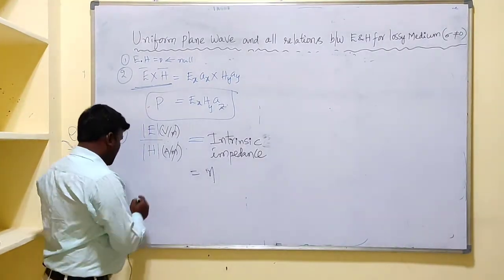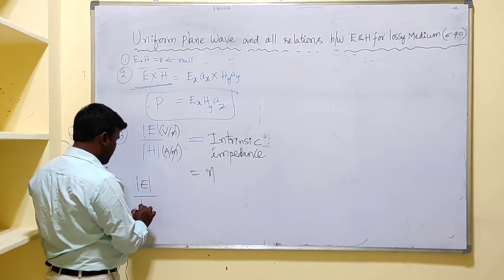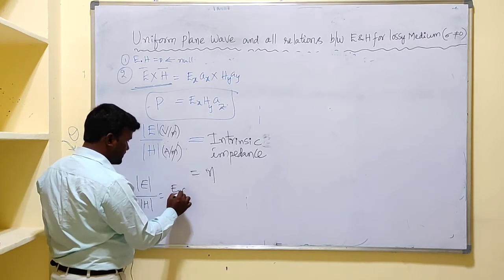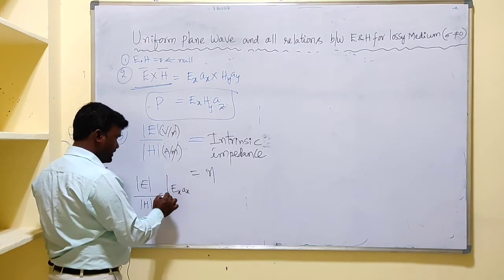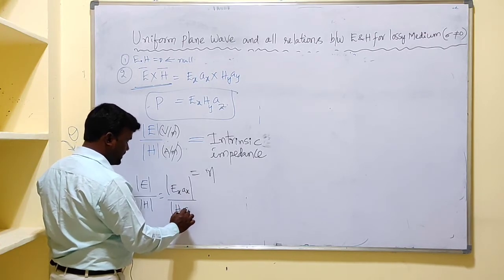As E is along the x direction, this can be written as mod E by mod H. Let us take E along the x direction, that is Ex Ax, and H along the y direction, Hy Ay.